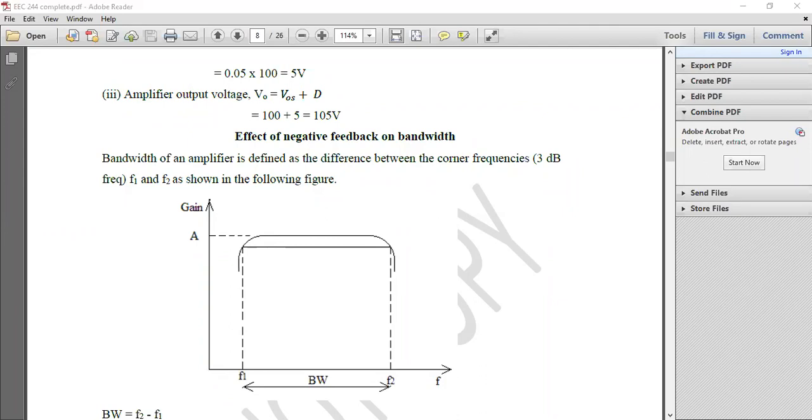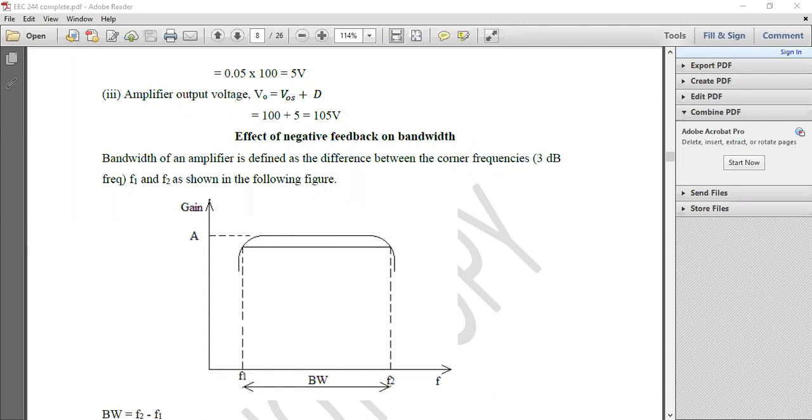Now, let us look at what effect negative feedback has on the lower frequency and the upper frequency. F1 is the lower 3 decibel frequency, F2 is the upper 3 decibel frequency that we have here. Now, after the feedback, we represent the frequencies with prime notation.